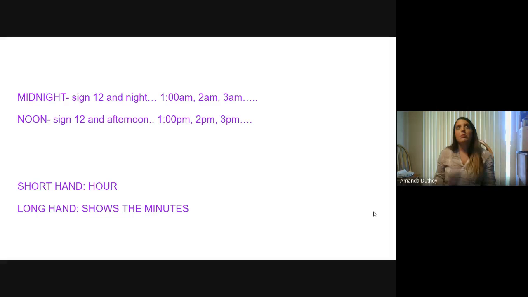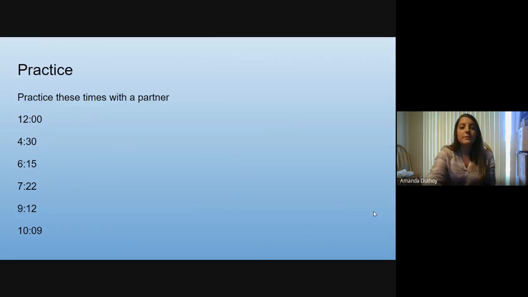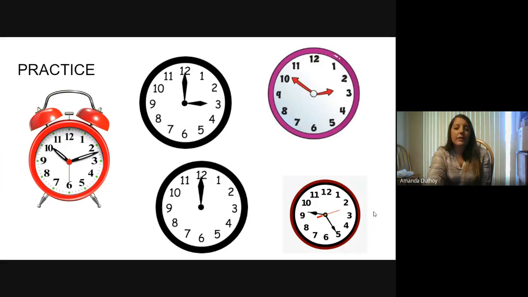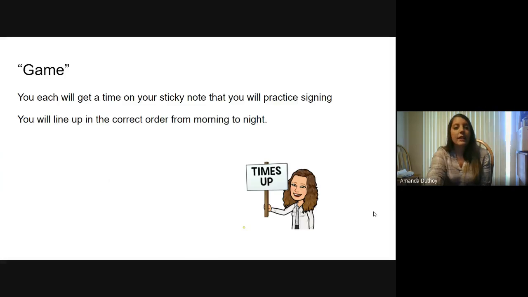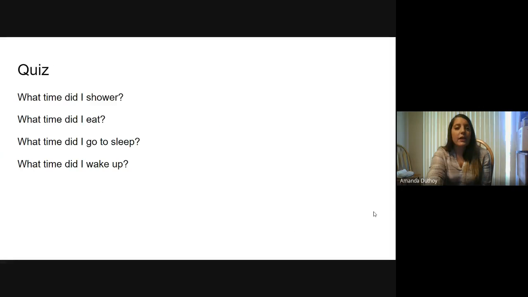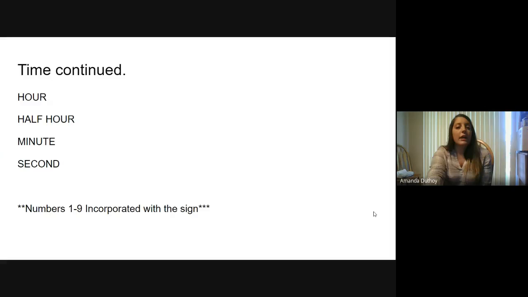When we practice this, it's important to be able to look at a clock and tell time, because that's going to be on some of these quizzes and activities. The shorthand is the hour and the longhand shows the minutes. You're going to want to practice these. We're going to have a little short game with this in class, and then we'll play another game and you'll have a quiz.